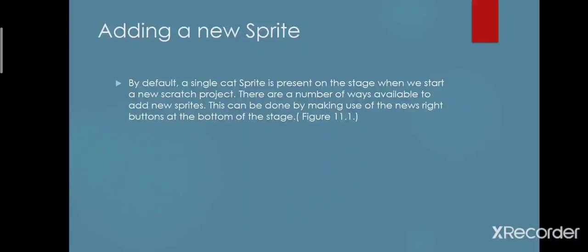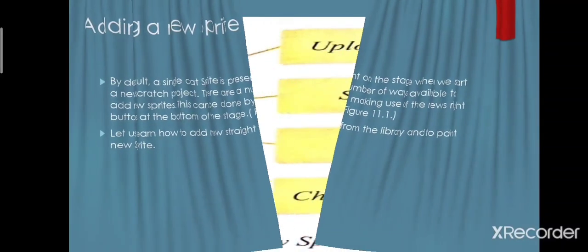This can be done by making use of the new sprite buttons at the bottom of the stage. Let us learn how to add a new sprite from the library and to paint new sprites.